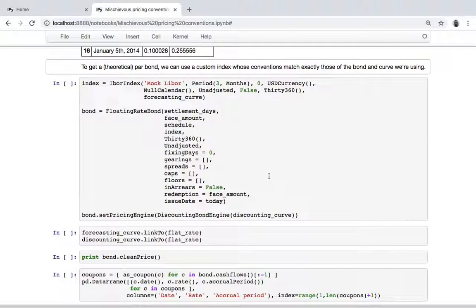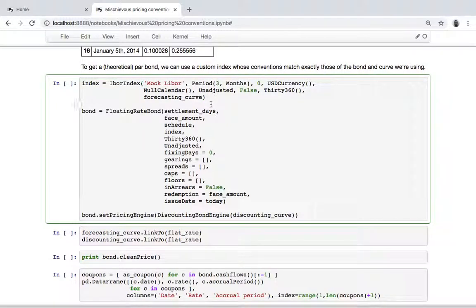So to get a theoretical par bond, not any bond that you can find in the real world, but the kind that you can find in the textbook, we can, if you want to check the calculation, create a mock index which behaves somehow like the LIBOR, but uses a null calendar for fixing, so that it doesn't perform any adjustment of the underlying fixing and maturity dates.